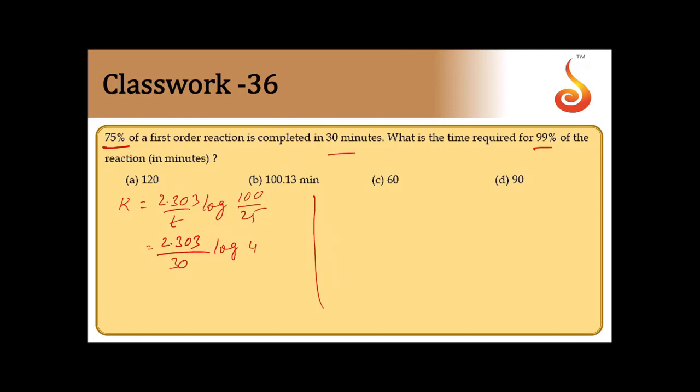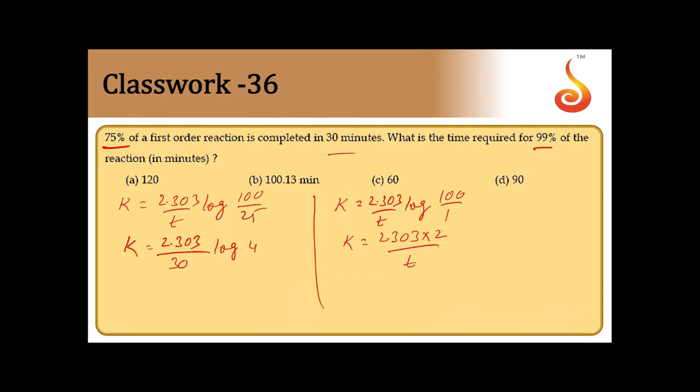Case 2, 99% now. So K is equal to 2.303 by T into log of 100 by 1, since 99% completes means only 1 remains. So log 100 is equal to 2. So therefore here K is equal to 2.303 into 2 by T. Now equating 1 and 2, because both the values of K will be same.